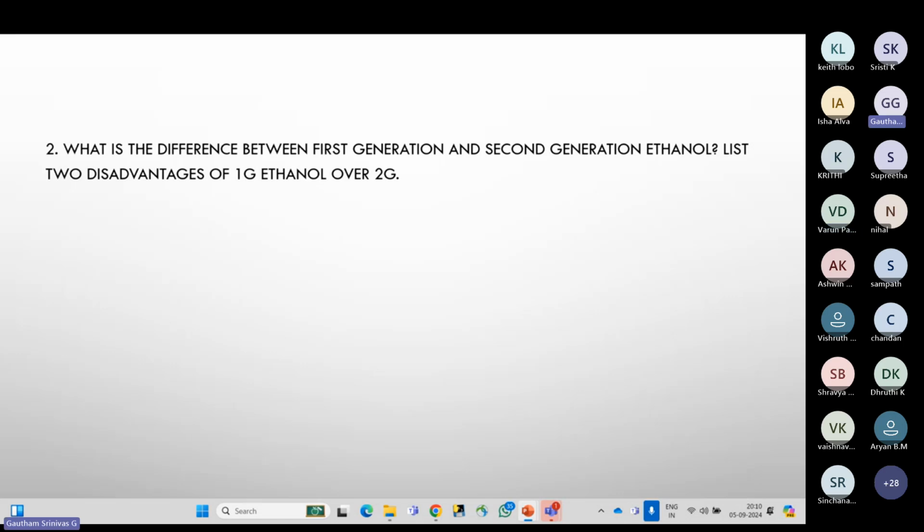You cannot call it green, especially if you're using rice and emitting so much methane, and then using it directly to produce ethanol and calling it renewable or reducing. In fact, you're increasing global warming by doing that, because there is so much emission of methane and even nitrous oxide from the fertilizers that you cannot escape from that.